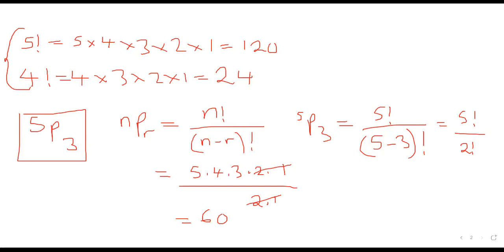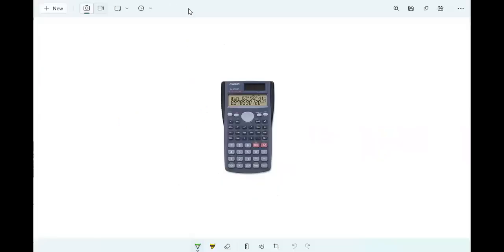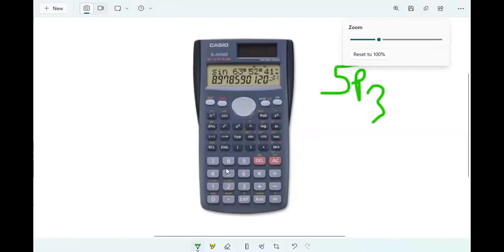So a calculator will look like this. So in this case, just to magnify it, are you able to see? So we have 5 permutation 3. So you punch 5 here, and you press permutation.